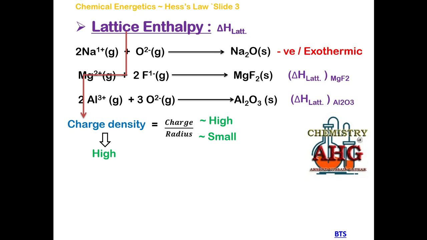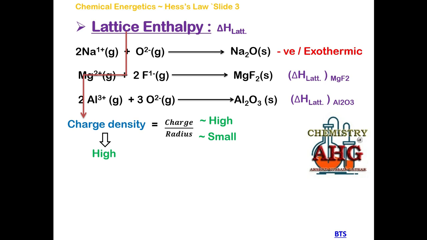Students, here is one more thing that you must keep in your mind for your A2 exams: whenever you are asked to compare the lattice enthalpy, you cannot write down that lattice enthalpy increases, or this compound has more lattice enthalpy, this has less lattice enthalpy. What is the technical term that you are supposed to write down in your exams for lattice enthalpy? You are supposed to explain lattice enthalpy in terms of more exothermic or less exothermic.